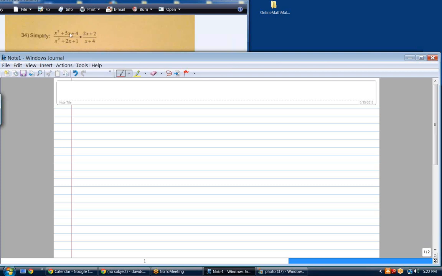So factor the numerator for me of the term on the left. x plus 4 and x plus 1, should be x plus 4 times x plus 1. And the denominator? x plus 1 and x plus 1.